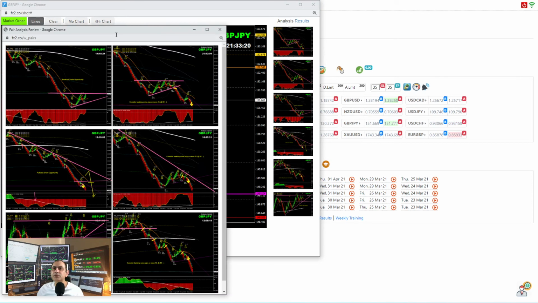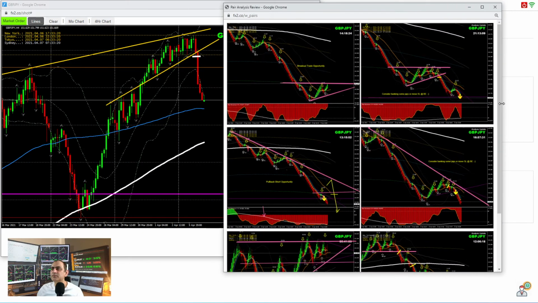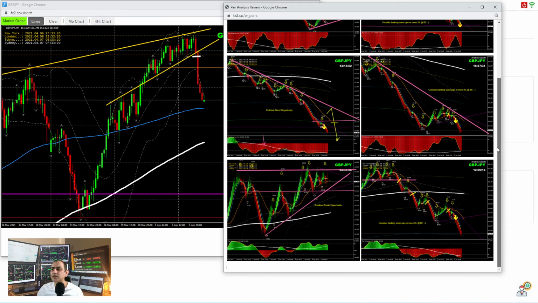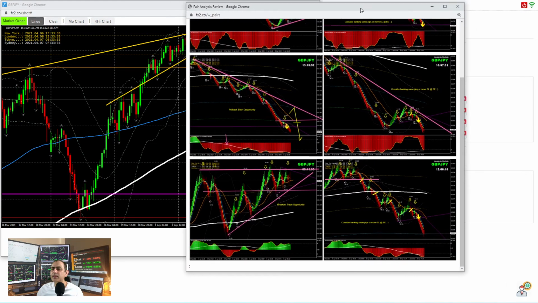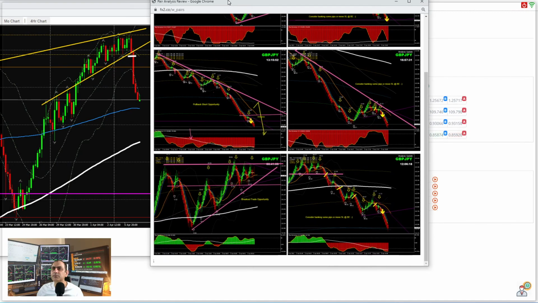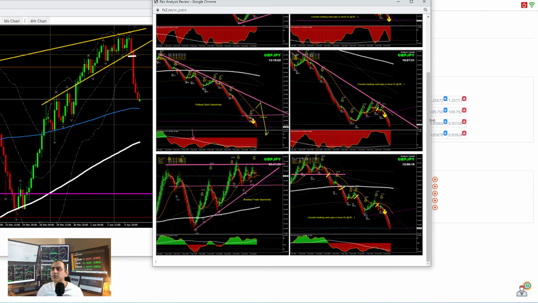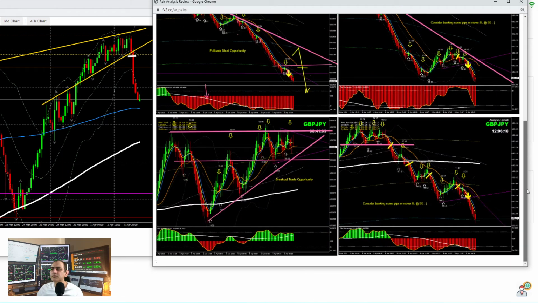And let me share with you the analysis, all of them. You can see, I think, yeah, this was the analysis we had this morning, and let me make this slightly bigger so at least we can combine with the 4 hour analysis. Okay, price was at this level.